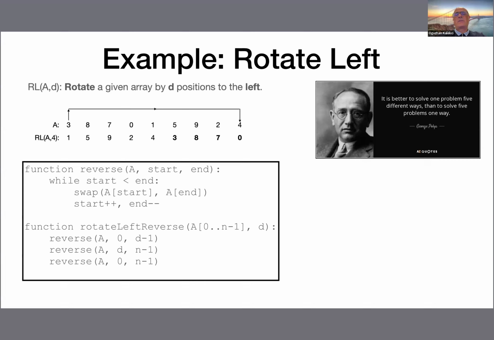Reverse the first d elements, reverse the remaining elements, and reverse all of them. That's it. That simplicity and surprising performance make it a very elegant solution. Okay, so let's continue with the fourth solution.